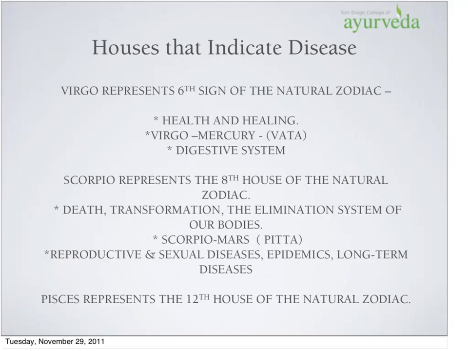So Pisces, being ruled by Jupiter, that we just spoke about, is Kapha-like in nature. So those three houses, 6, 8, and 12, will give you further information about disease, or what the person might be prone to, what areas they might be prone to have disease in.